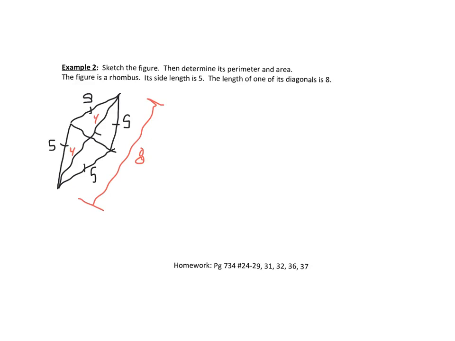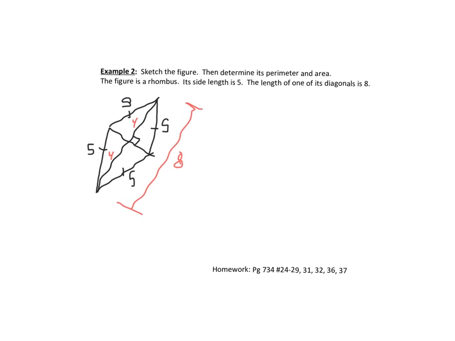With a rhombus, we also have our right angle right in here, which means I have a triangle. So I can figure out what my other side length is. Our blue diagonal is the other one that we need to find in order to find its area.